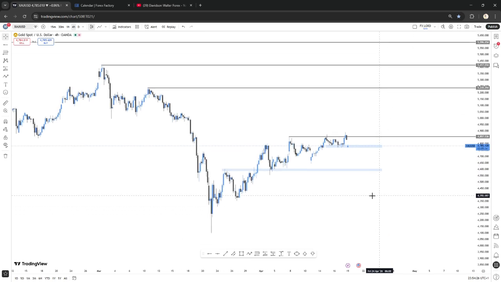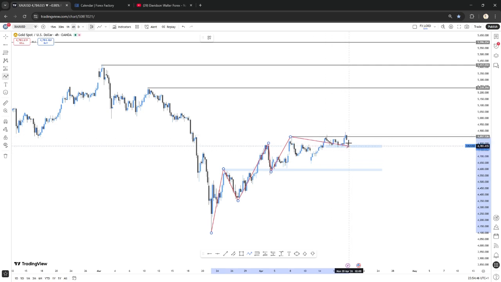For example, I drew this from here because look at what happened here. Price got to here, dropped, got into here, dropped back to this same level, and now price is heading back here. So this was a break and a retest of this level.